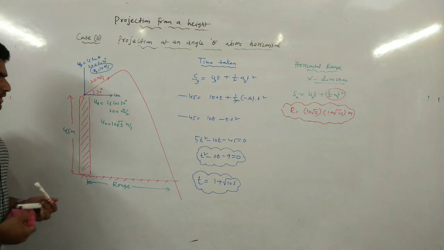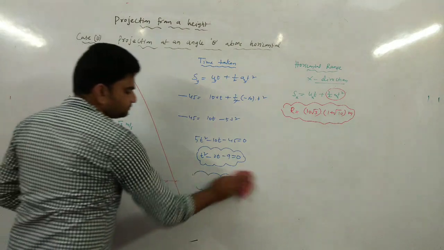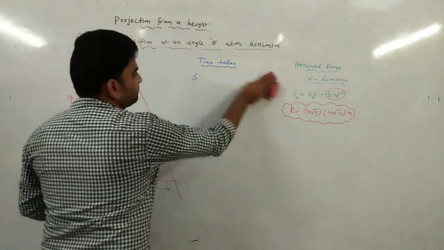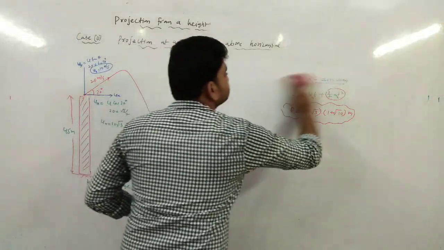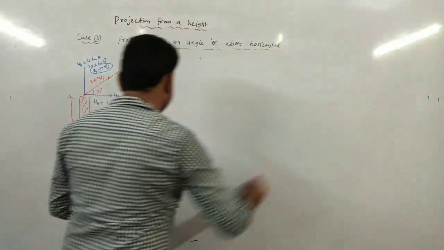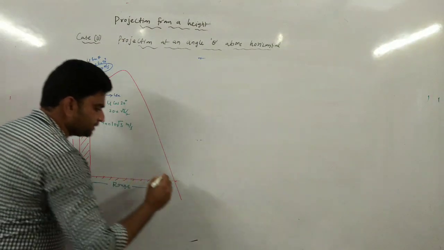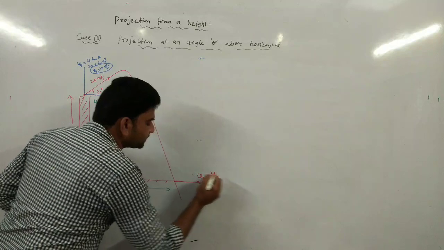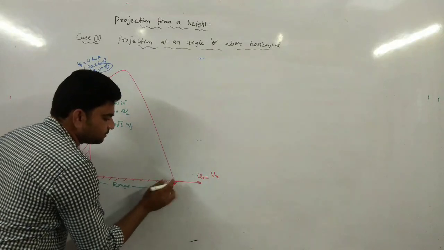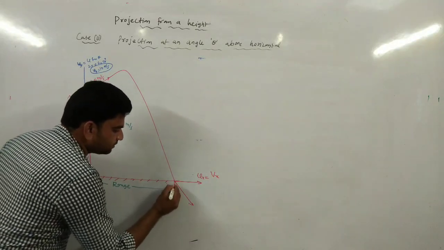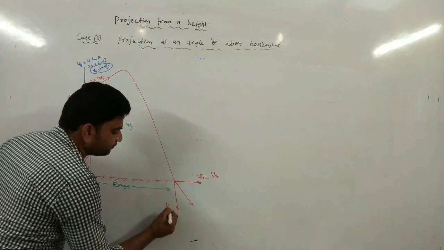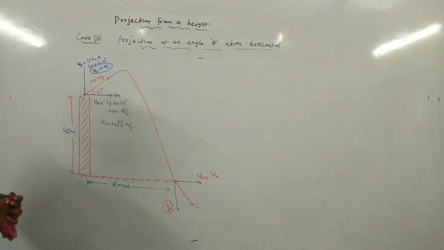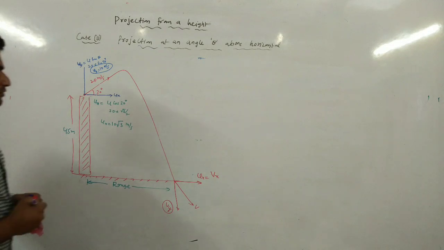And also I want to calculate what? The final velocity. You can see here, this is my horizontal velocity, that is ux, which is nothing but vx. This is vy, we are supposed to calculate this, and v also we are supposed to calculate. So from here vx becomes what?